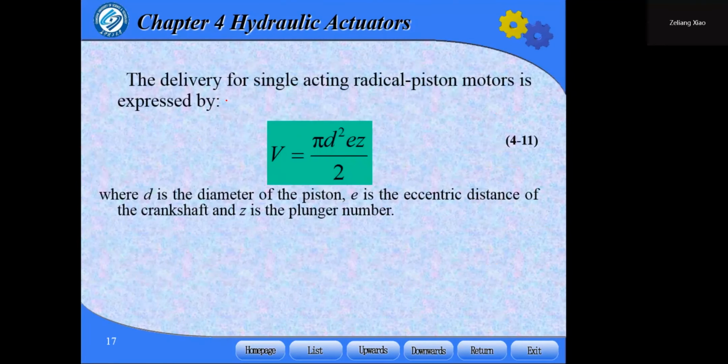This equation is very important. We should know how to calculate the delivery for single acting radial piston motors. It is expressed by this one. This is the area, and this is the offset.